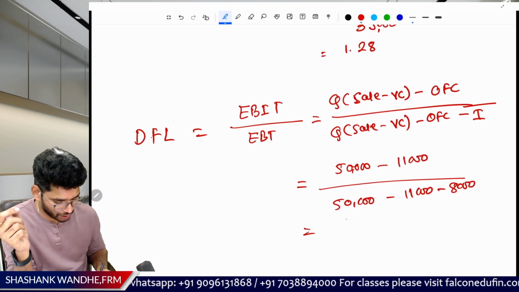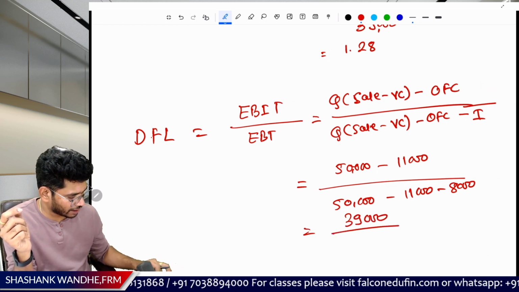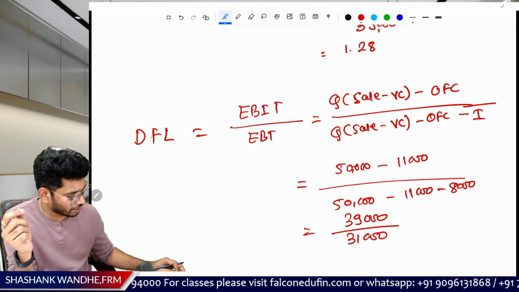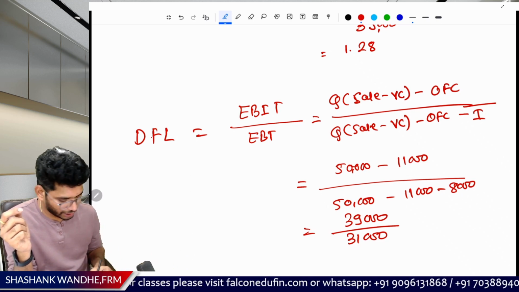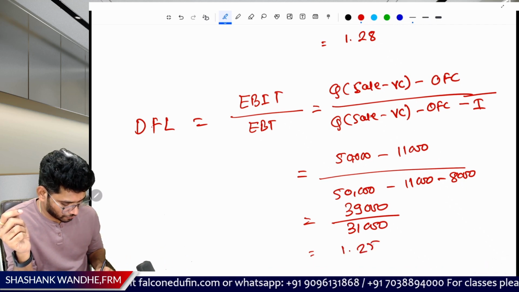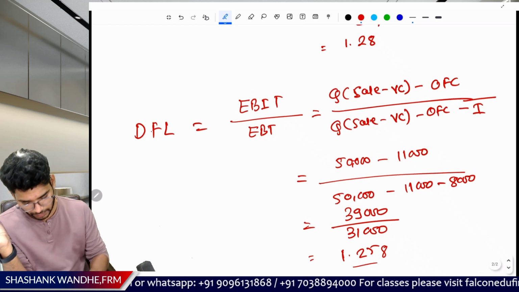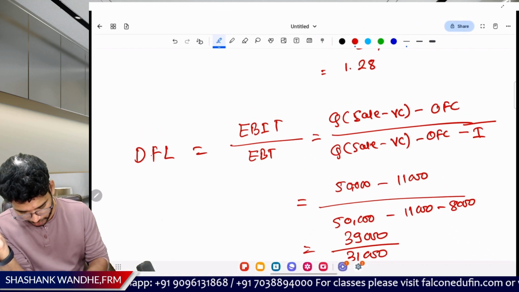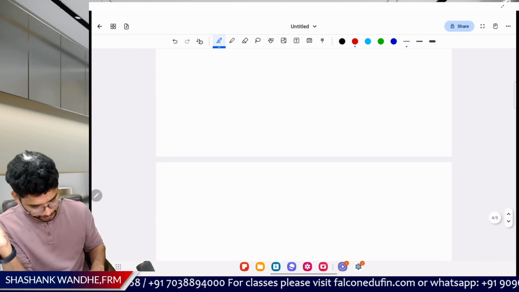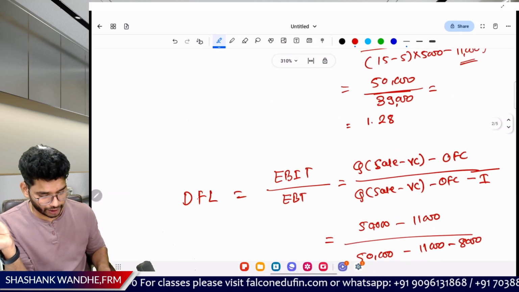If you solve this, the numerator is 39,000 divided by 39,000 minus 8,000, which is 31,000. So 39,000 divided by 31,000 is the degree of financial leverage. So this is 1.258. Okay, I hope you got the point.